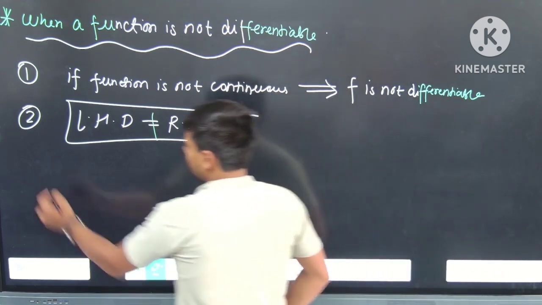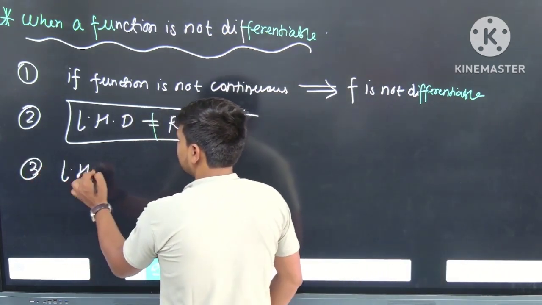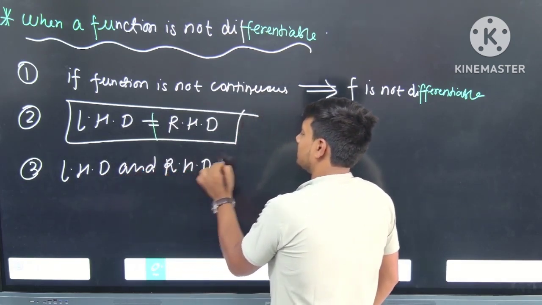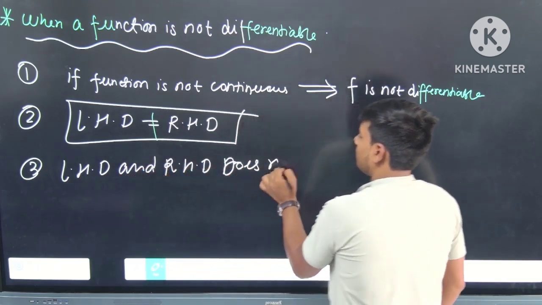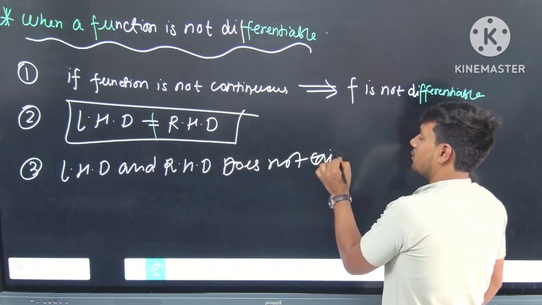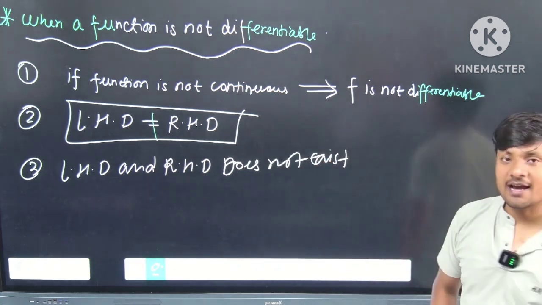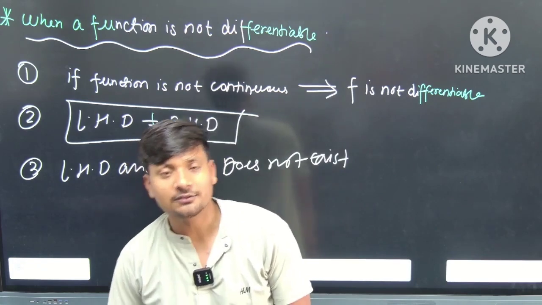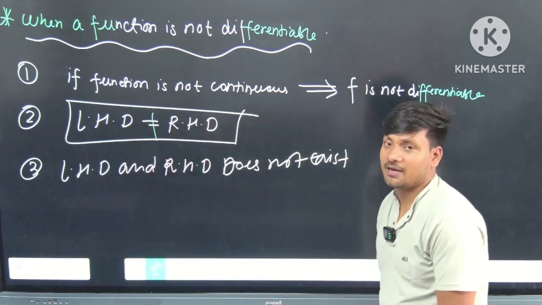Now third is, LHD and RHD do not exist. If LHD and RHD do not exist, then we cannot find the left tangent slope and right tangent slope, so the function will not be differentiable at that given point.